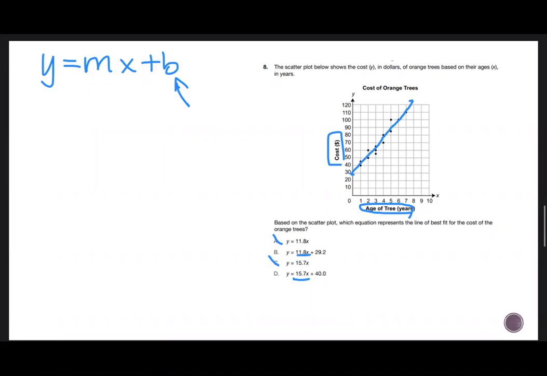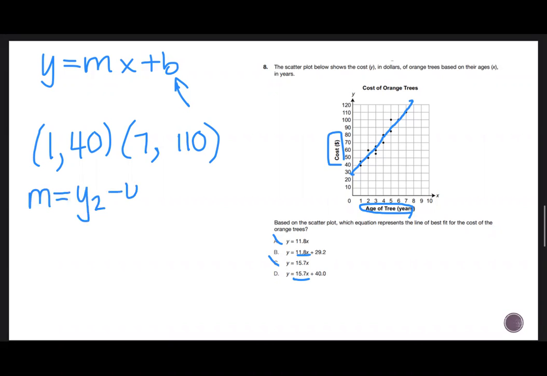To find the slope, we're going to use 2 points on the line. Remember that slope is y sub 2 minus y sub 1 over x sub 2 minus x sub 1. We can label our points x1, y1, x2, y2, and come up with the slope.